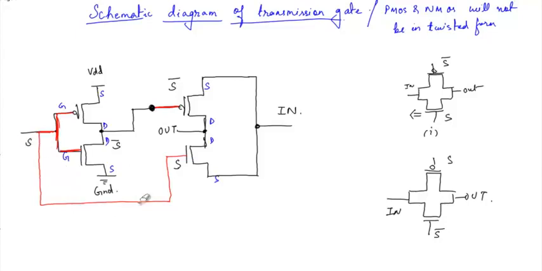We erase this line and erase this, then this S bar is connected to here. S bar is connected to this gate and S is connected to this gate.